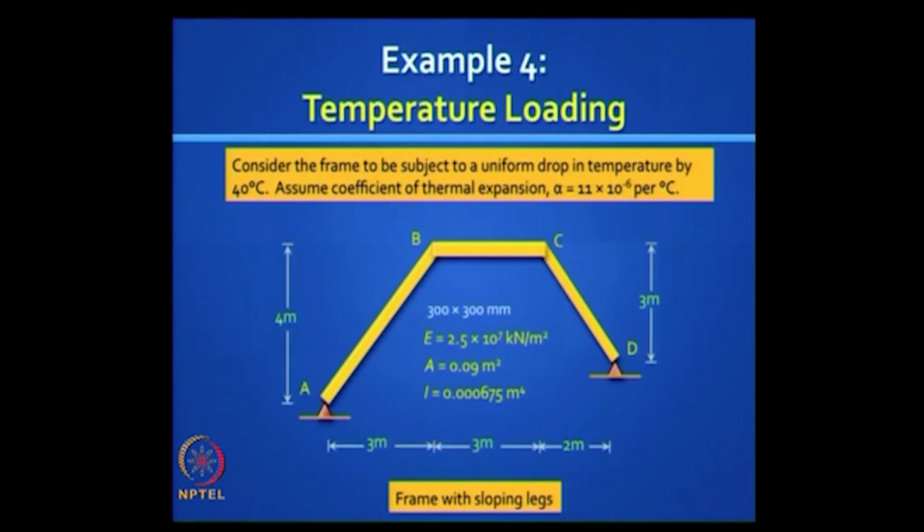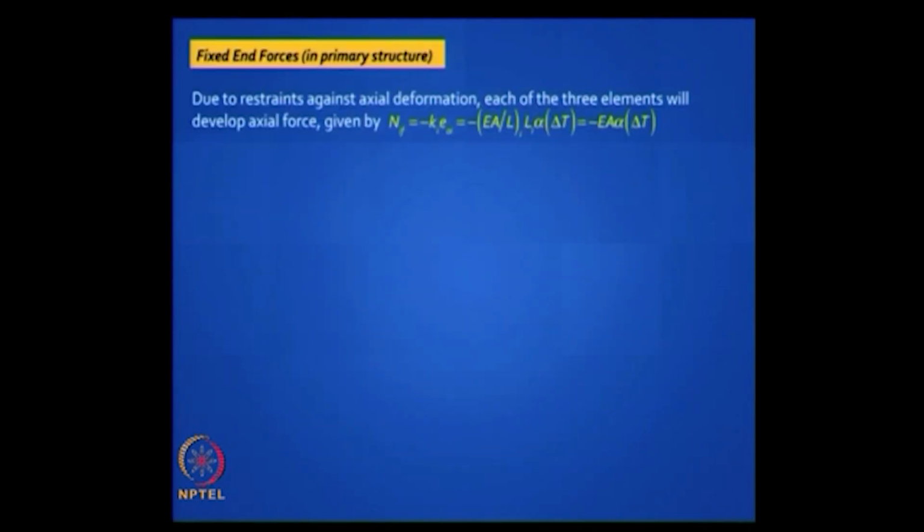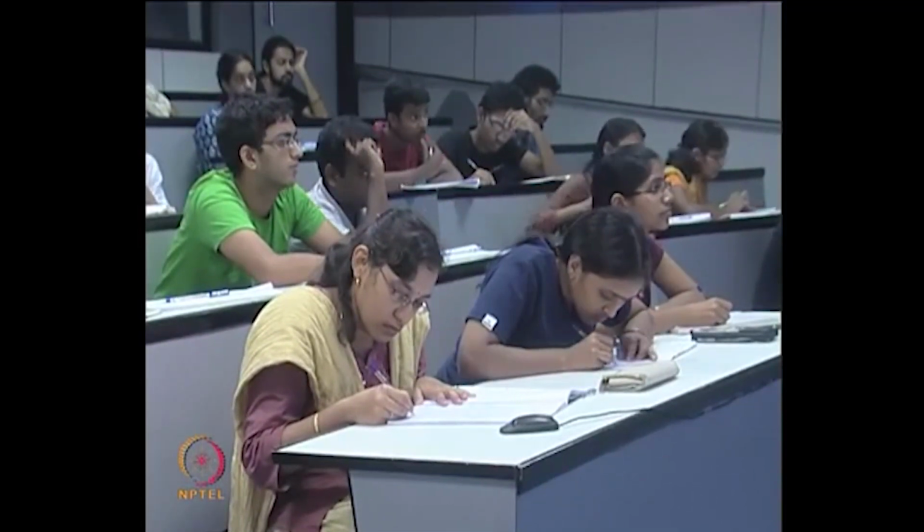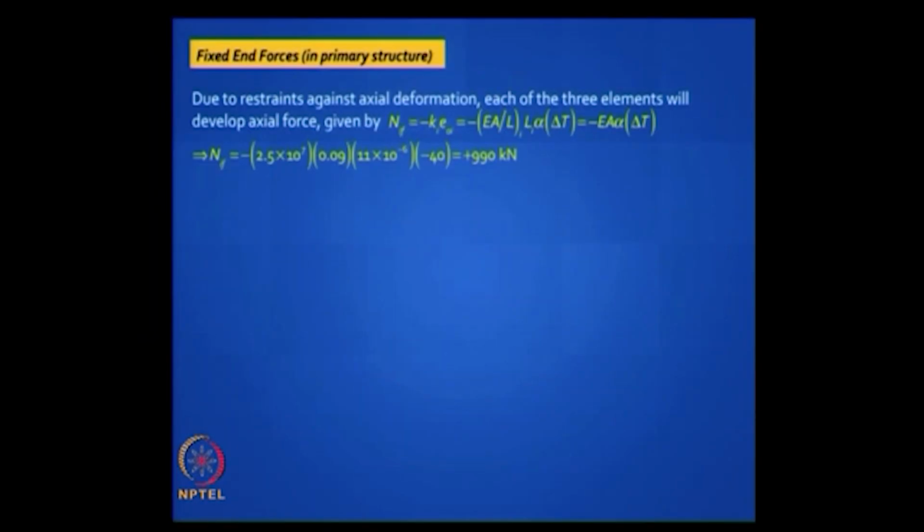So with E, A and L, can you work out what that force is? That is it. E, A, alpha, delta T is minus 40 degrees Celsius, you get a huge value, right? 990. So 990 is not a small value, it is a huge axial force.